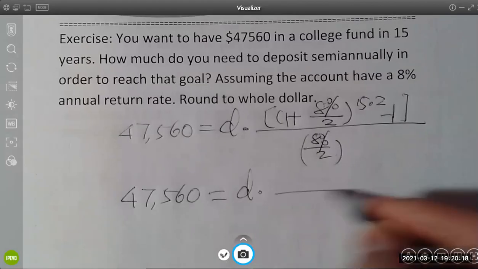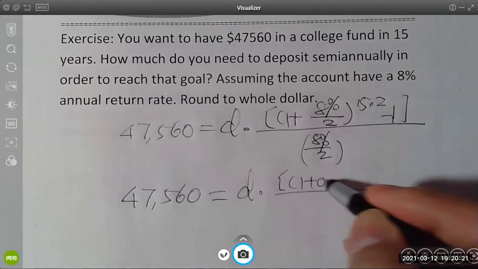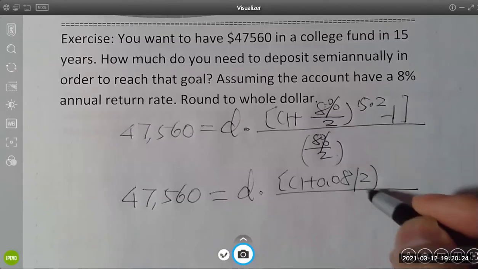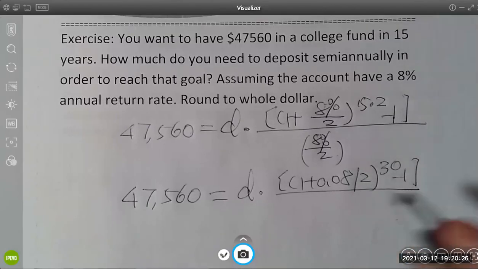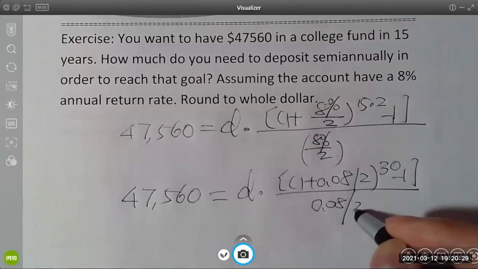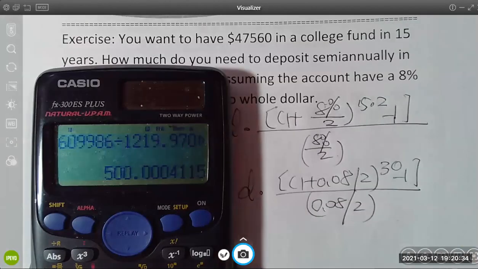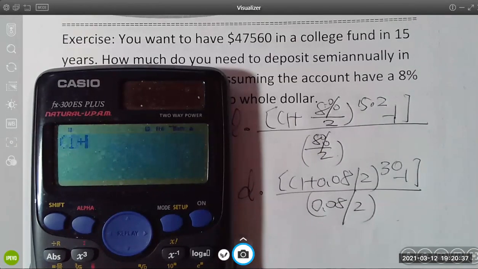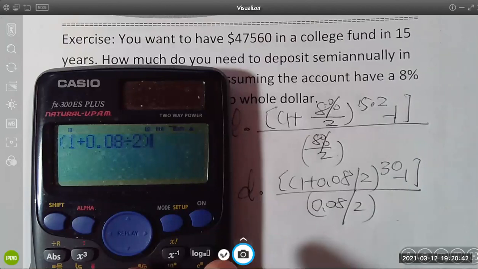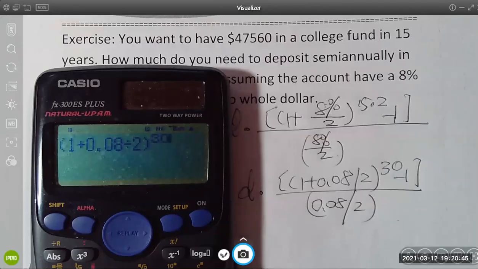D times (1 plus 0.08 over 2 to the power of 30, minus 1) over 0.08 over 2. Okay. Parentheses 1 plus 0.08 over 2 to the power of 30 equals, minus 1 equals, then divide by parentheses 0.08 over 2 equals.